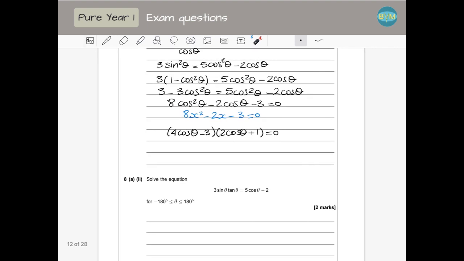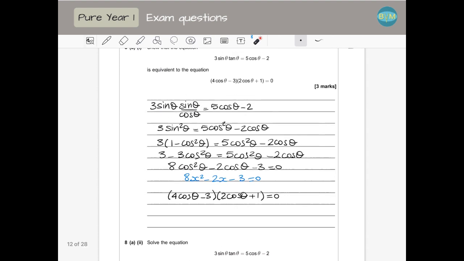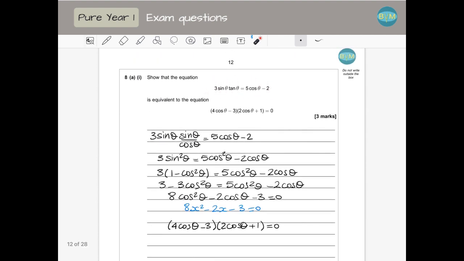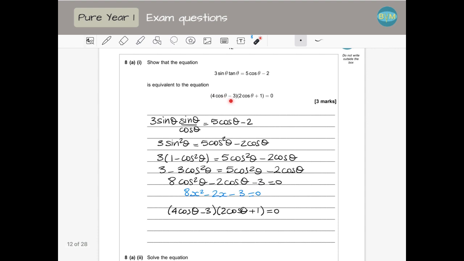Then they ask us to solve this equation. This equation is the same that we have here, and they don't say "hence" like in many questions, but even if they don't say so, I would say it's probably easier to solve it this way. Because if this product is 0, that means each of the factors can be 0, and that's what we are going to do.